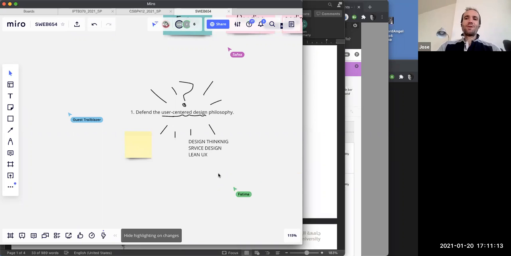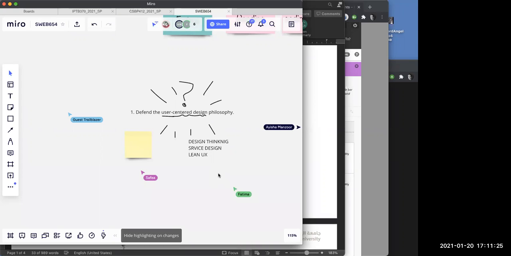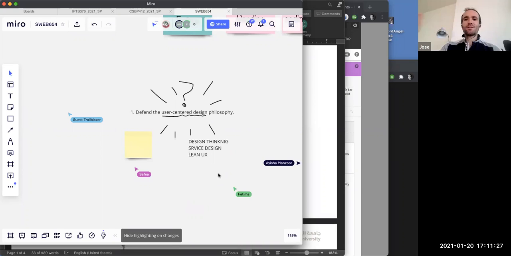So for example, when you build a very complex technological product, it's so difficult, it's so complicated, it's so hard that you don't have time to think about the user and if it's easy to use or not. And that's more or less the way things were done before.